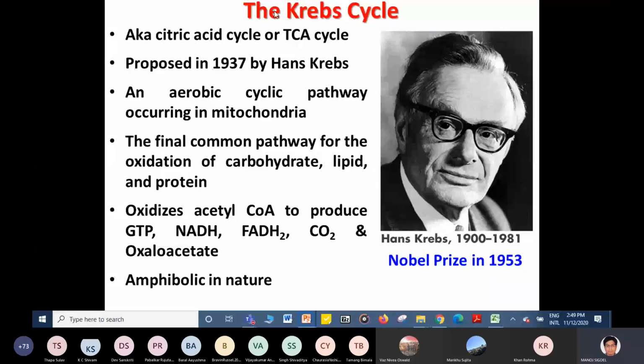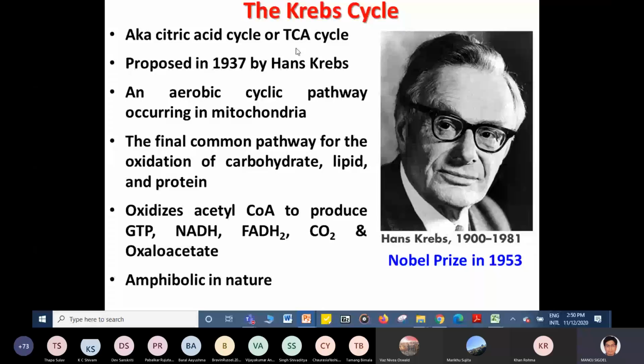Okay, first about the Krebs cycle. Why is this cycle known as the Krebs cycle? Founder's name. Okay, because Hans Krebs first described the TCA cycle. That's why this is known as the Krebs cycle. Why TCA cycle?